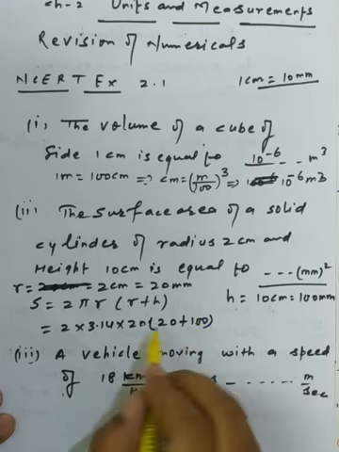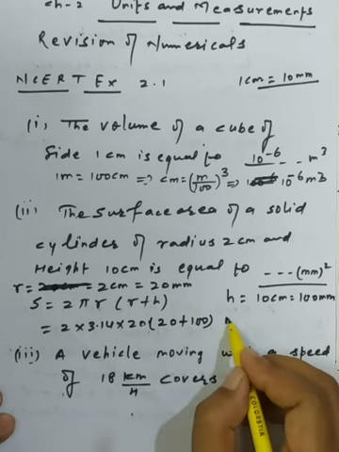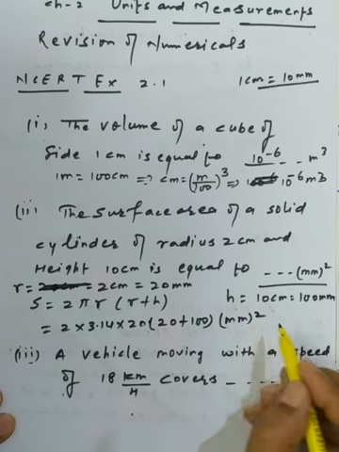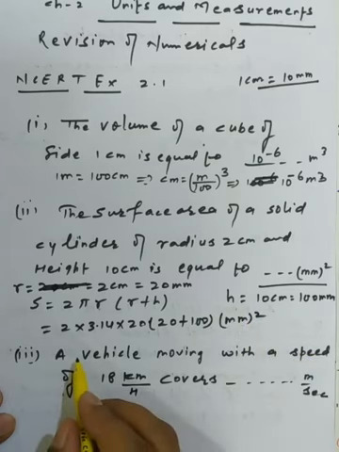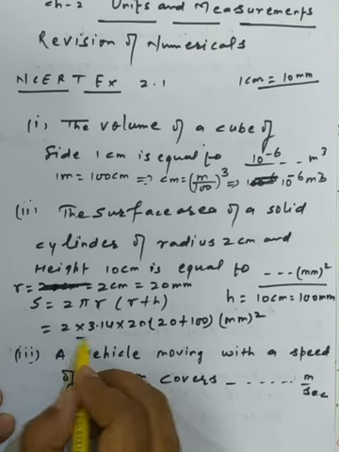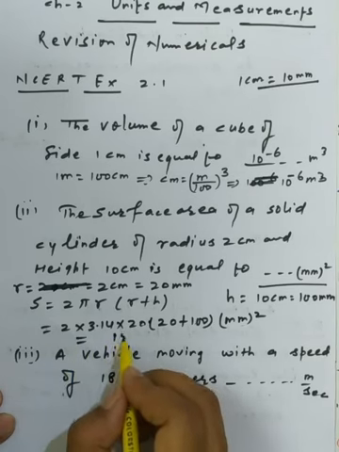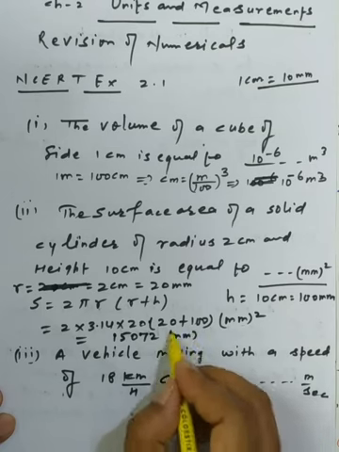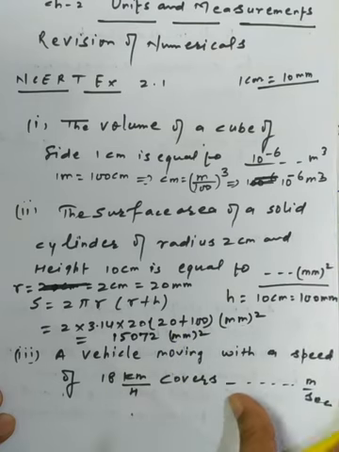So whenever you completely solve it, you finally get near about this answer of this problem, 15072 millimeter square. This is the simplest conversion of that part.